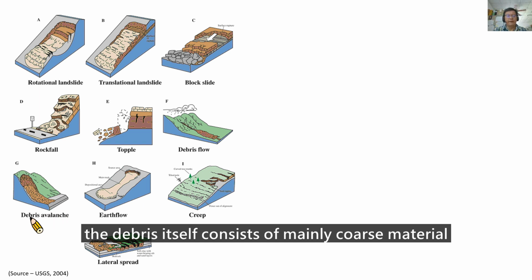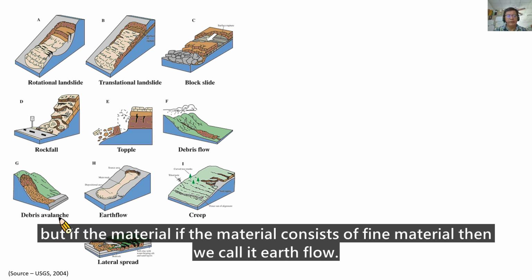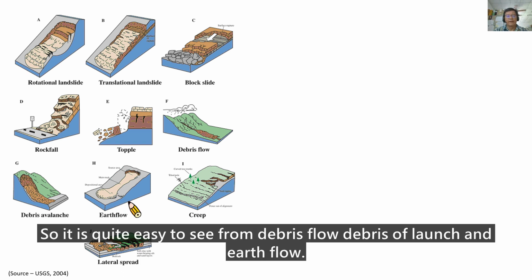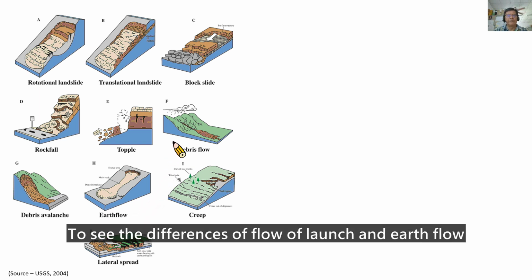The debris itself consists of mainly coarse material, but if the material consists of fine material, then we call it earth flow. So it is quite easy to see the differences of flow, avalanche, and earth flow.